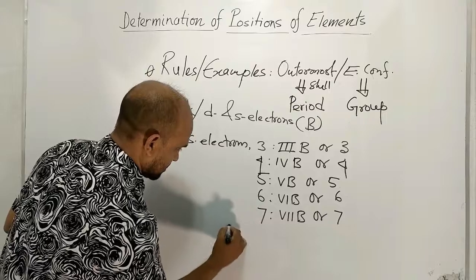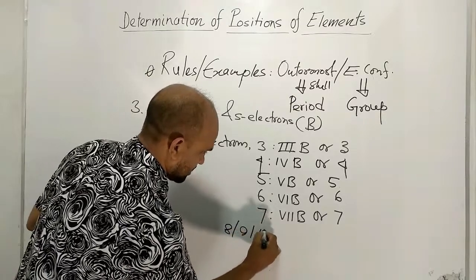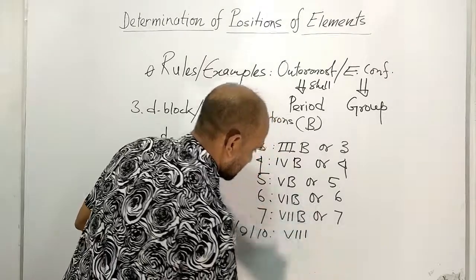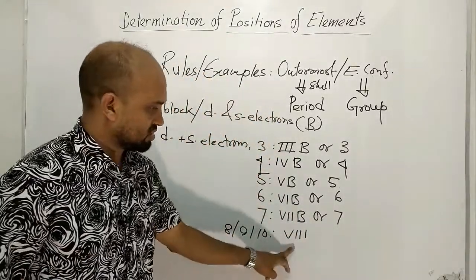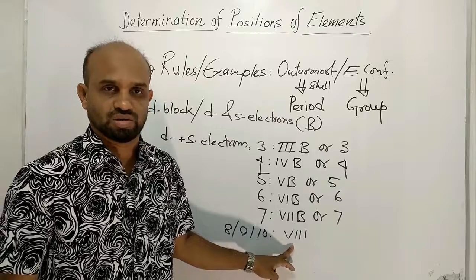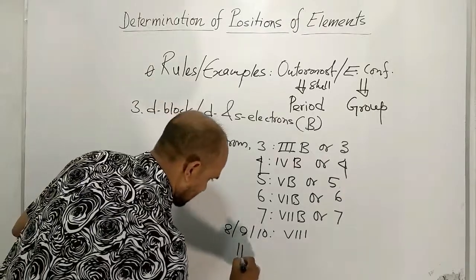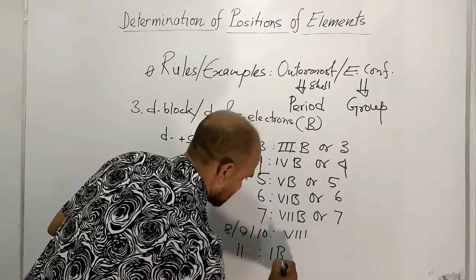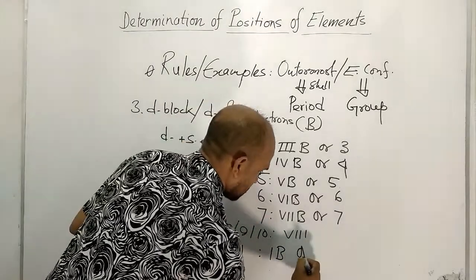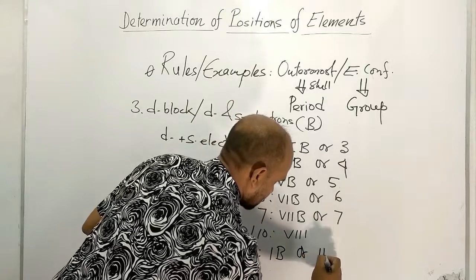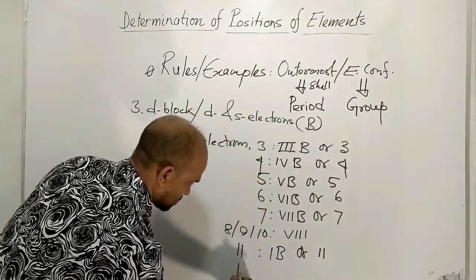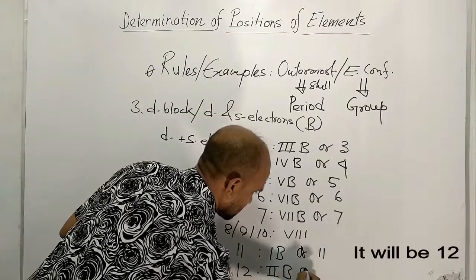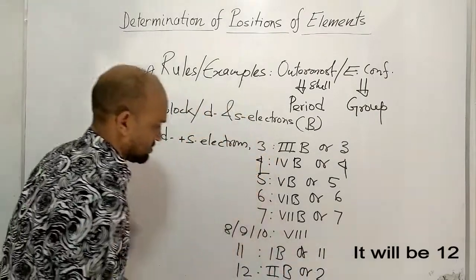If it is 8, 9 or 10, then it will be column 8, because column 8 consists of 3 columns. If it is 11, then it will be 1B or 11. If it is 12, then 2B or 2.